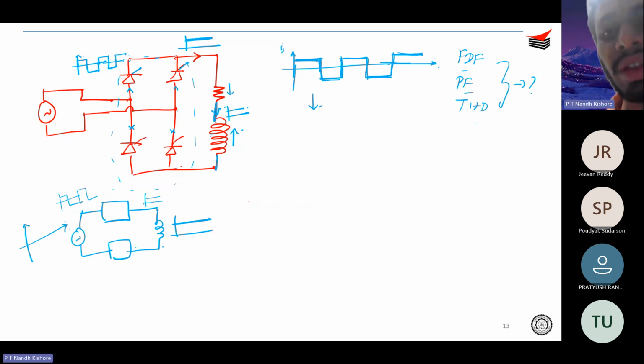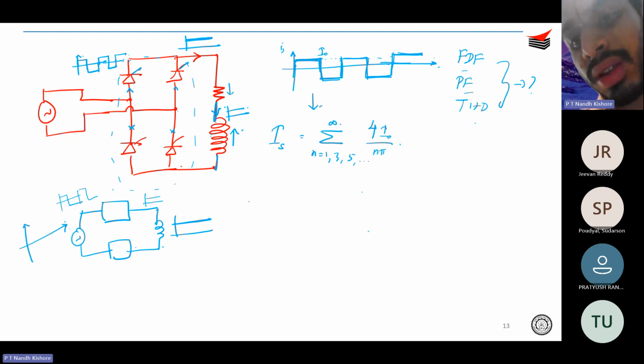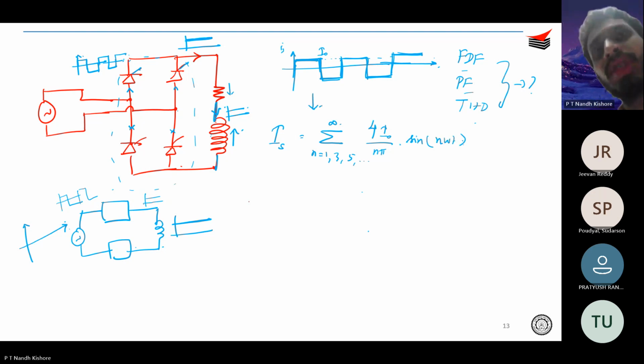Okay. So since you have a square wave, how do you analyze it in Fourier? Your source current can be written as a sum over n equal to 1, 3, 5, and so on, of 4 I naught by n pi sine n omega t, where this is your I naught.